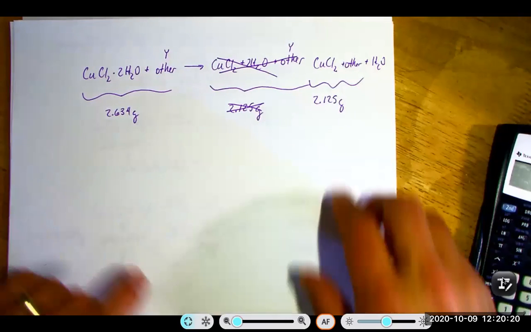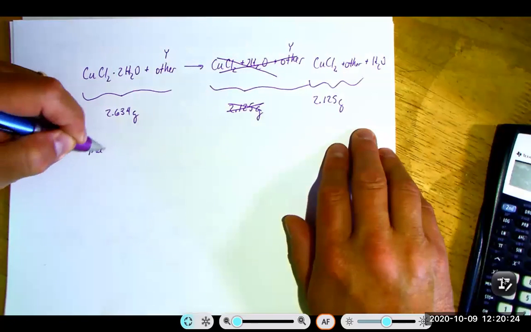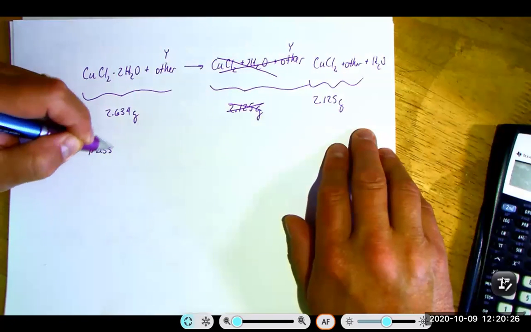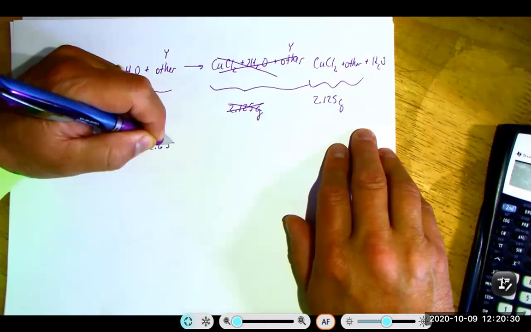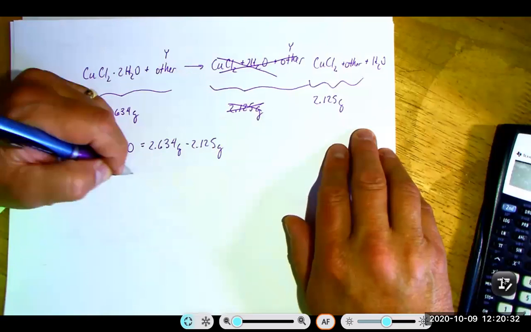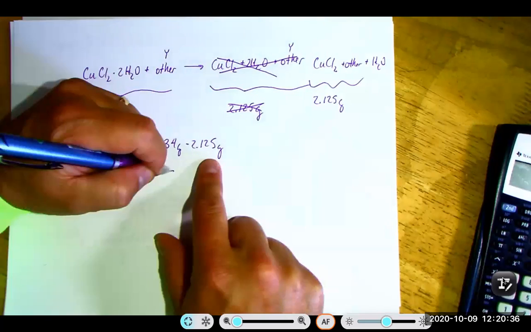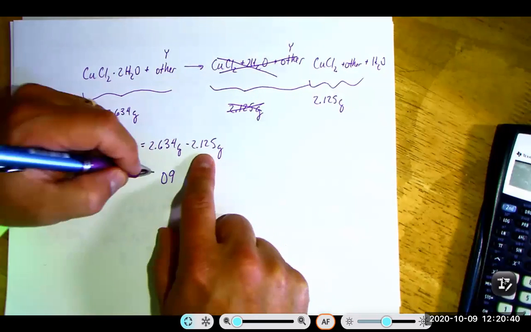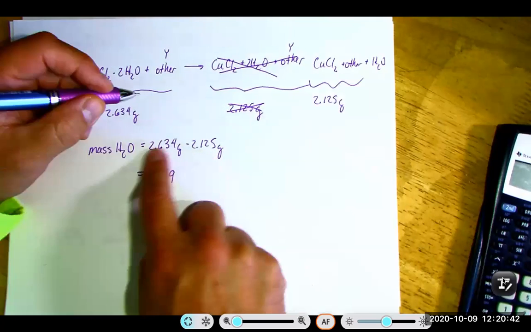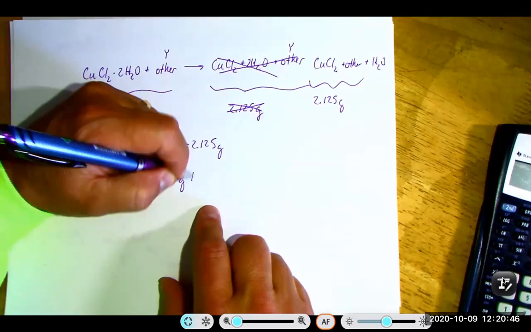So here we can figure out that the mass of H2O is 2.634 grams minus 2.125 grams. And 4 minus 5 is 9. 2 minus 2 is 0. 6 minus 1 is 5. 2 minus 2 is 0. So we have 0.509 grams of H2O.